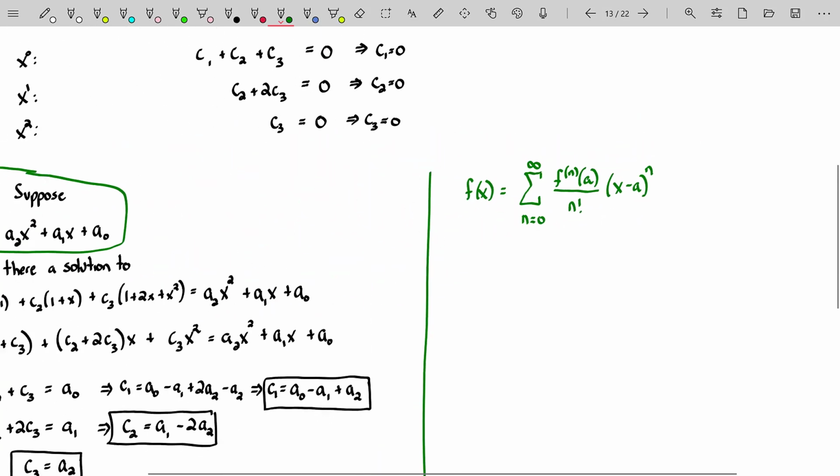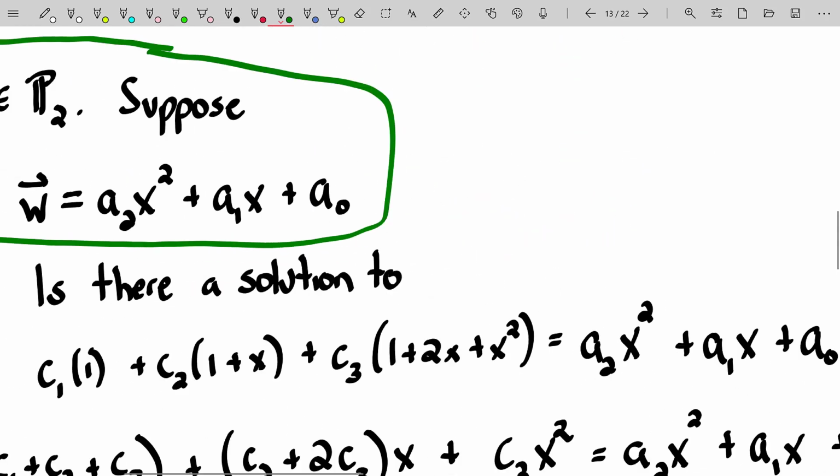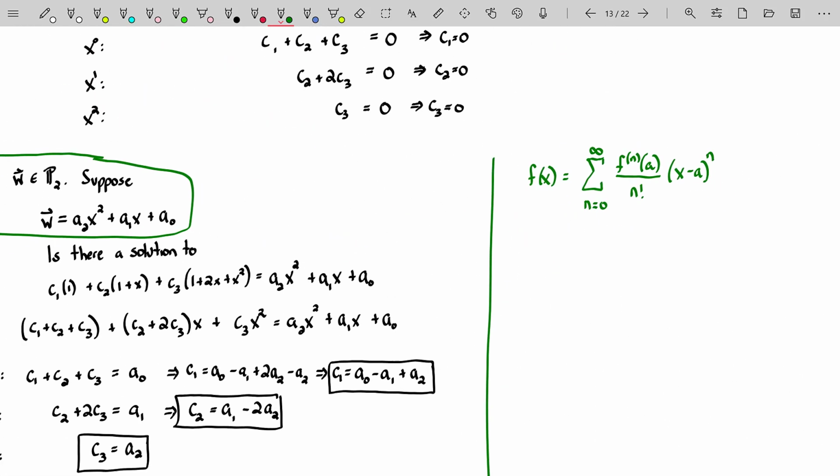The neat thing about recentering polynomials, specifically this polynomial right here, is that there's only a finite number of terms to the infinitely long expansion.